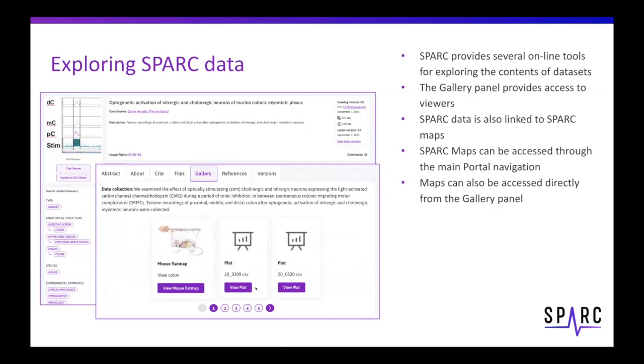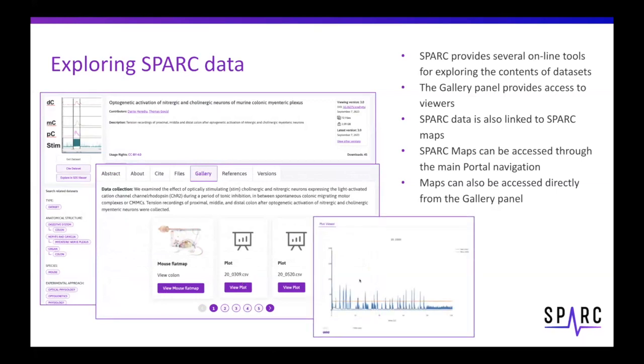In this case, it's a physiological data set, and so there are tools that will plot the contents of the data files so that you can get an overall view of what the contents of individual files are. And of course, if there are imaging data, we have online viewers, including the BioLucida image server, so that you can explore 3D stacks and 3D visualizations all from your web browser.